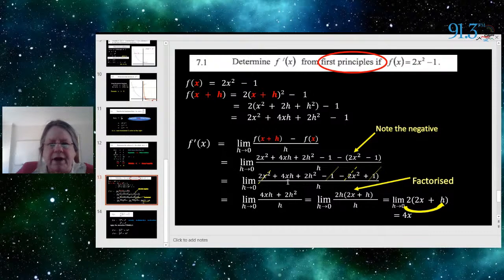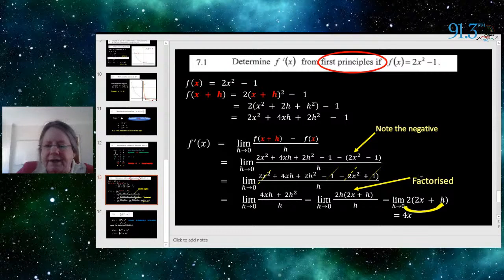So if we simplify this, we will get 2x squared plus 4xh plus 2h squared minus 1 minus 2x squared plus 1. Please note, if we simplify this, we will find that the 2x squareds cancel and the negative 1s cancel. So we'll end up having 4xh plus 2h squared over h equals the limit.